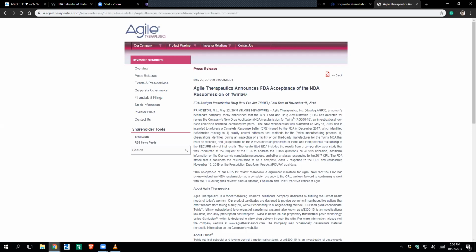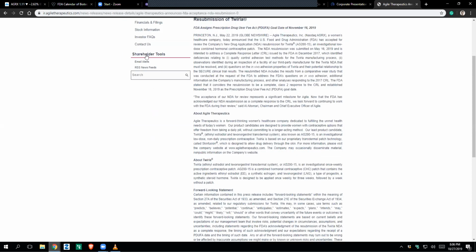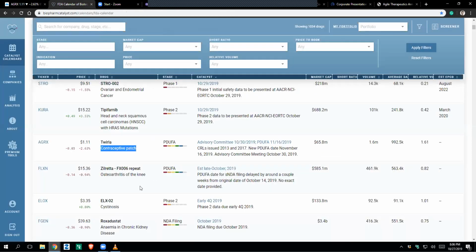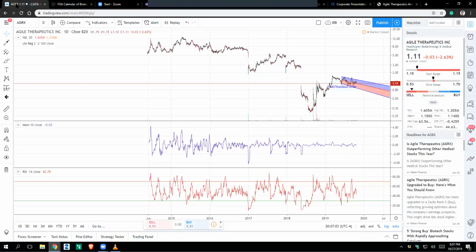The FDA said that it considered the resubmission to be a complete class 2 response to the CRL, and the PDUFA is November 16. So they have this AdCom. AdCom is on October 30th. So looks like they fixed some of the issues, but my only concern is that FDA might still try to find some problem with this.